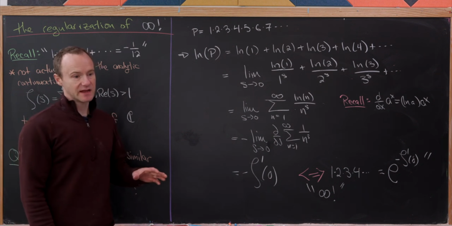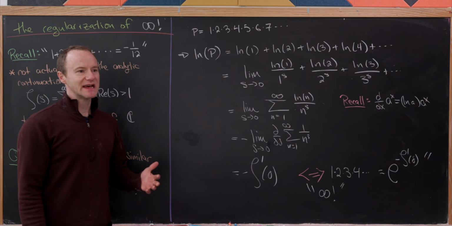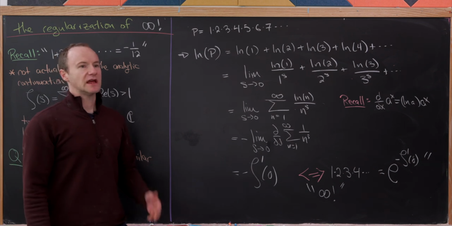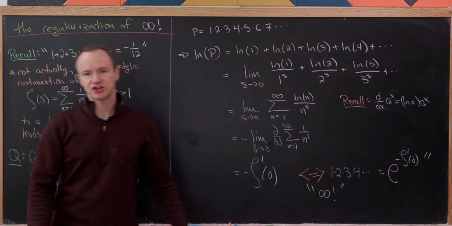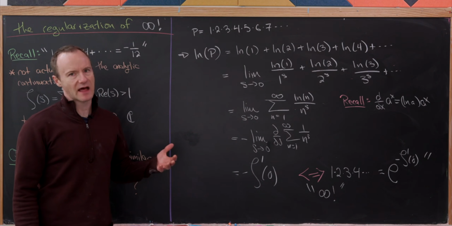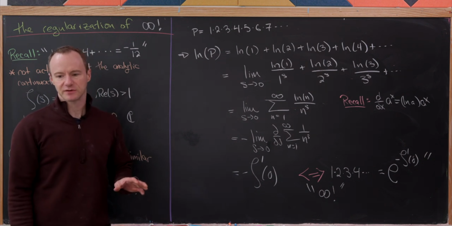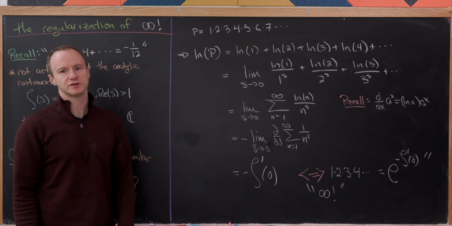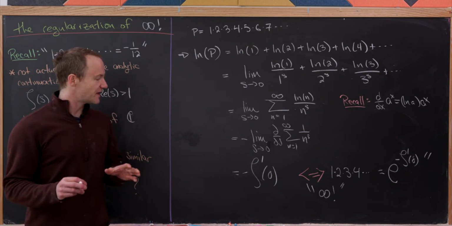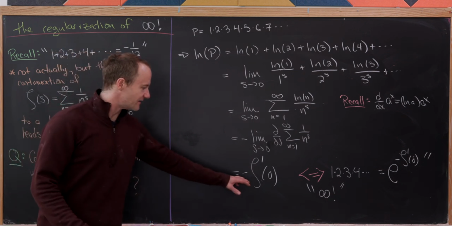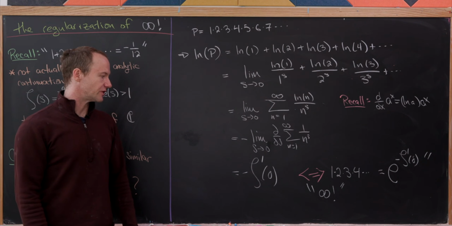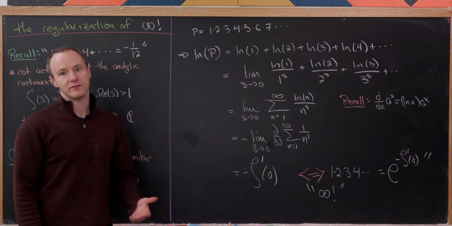That being said, those rules are almost necessarily broken in this regularization procedure, because clearly we're not having the product of all natural numbers equal to a finite number. So we do have to cut some corners or break some rules. Okay, so that being said, let's dive into what the value of zeta prime of 0 is.